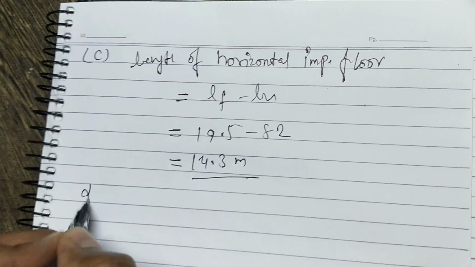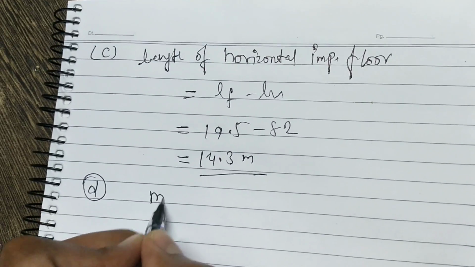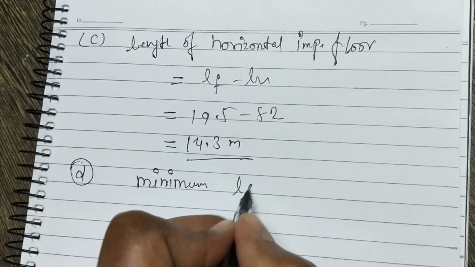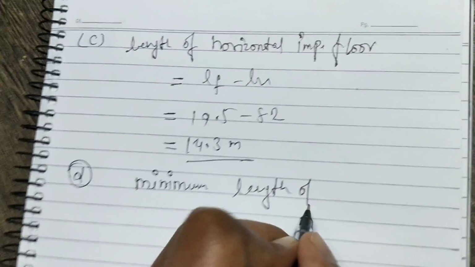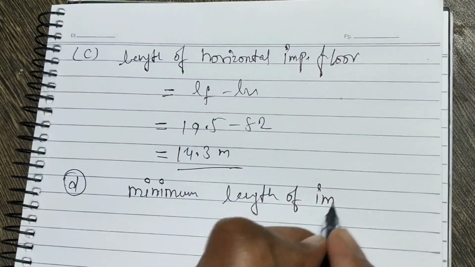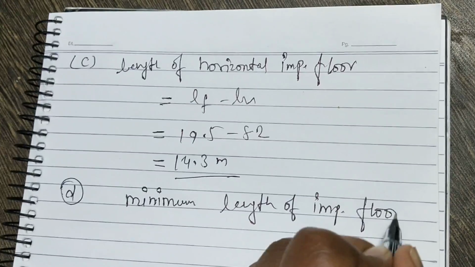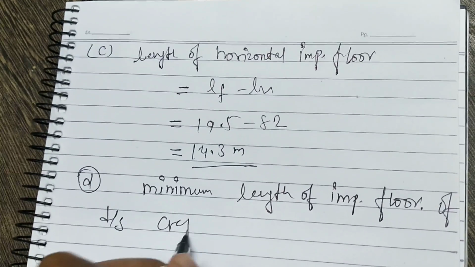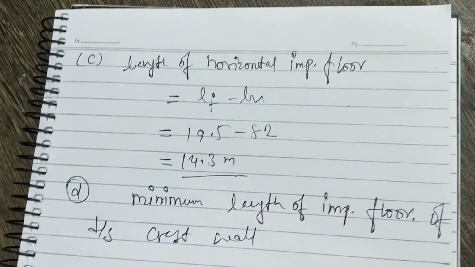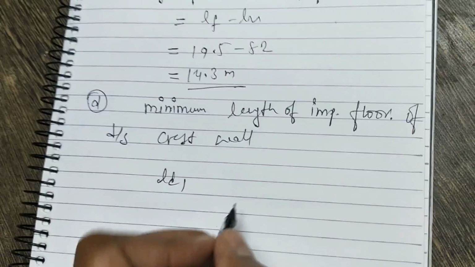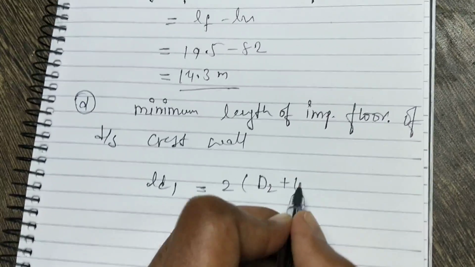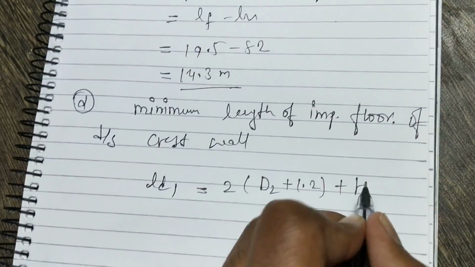Then find the D part of this step, which is the minimum length of impervious floor at the downstream crest wall. So this is LD1 equals 2 D2 plus 1.2 plus HC.